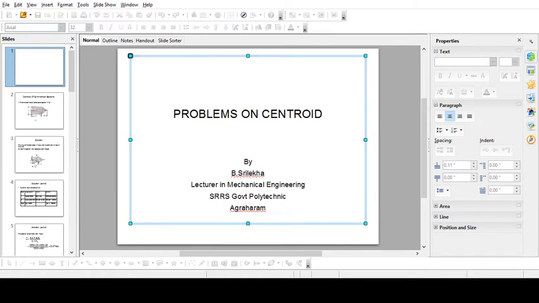Nothing but a1 y1 plus a2 y2 plus a3 y3 by a1 plus a2 plus a3. Okay, so it is nothing but 2,23,000 by 5,800. This is how we get the value 38.49.